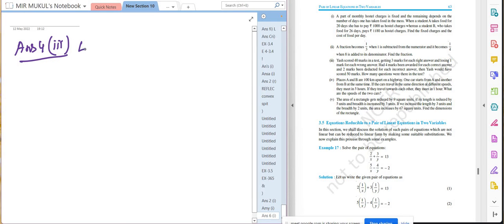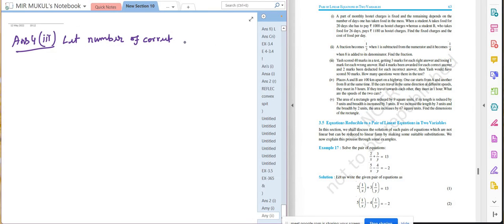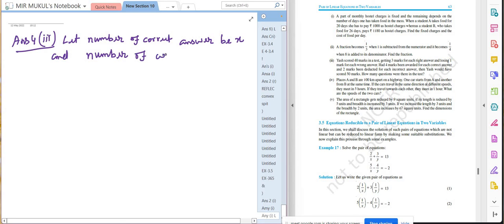Let the number of correct answers be x and the number of wrong answers be y.